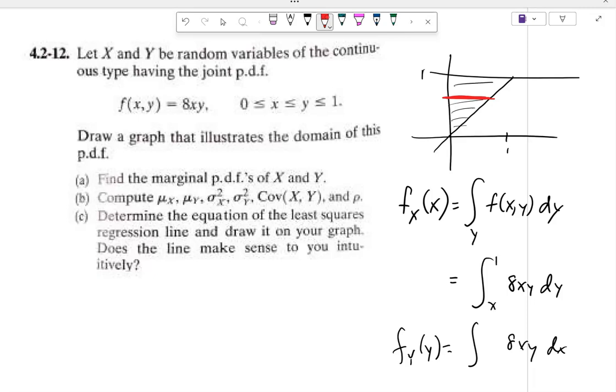And now your bounds need to be in terms of y, right? Functions of y. The lowest x you see is x equal to 0, and then x equal to y is your upper bound. This okay?